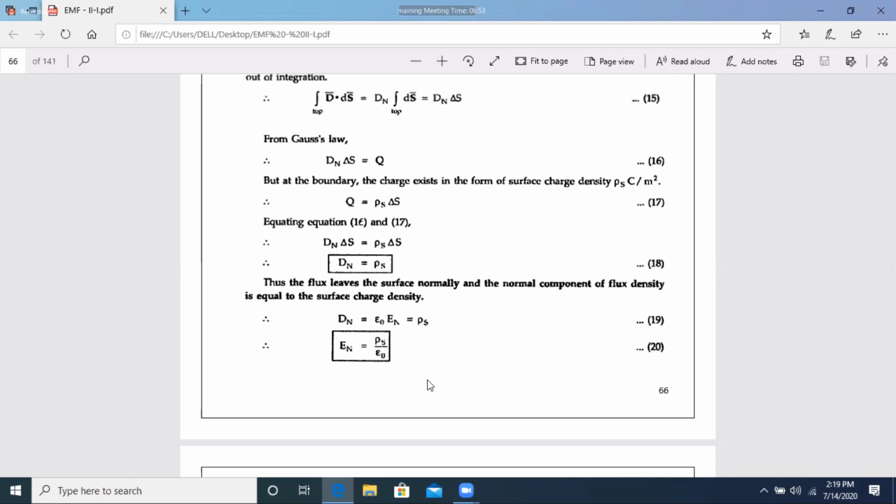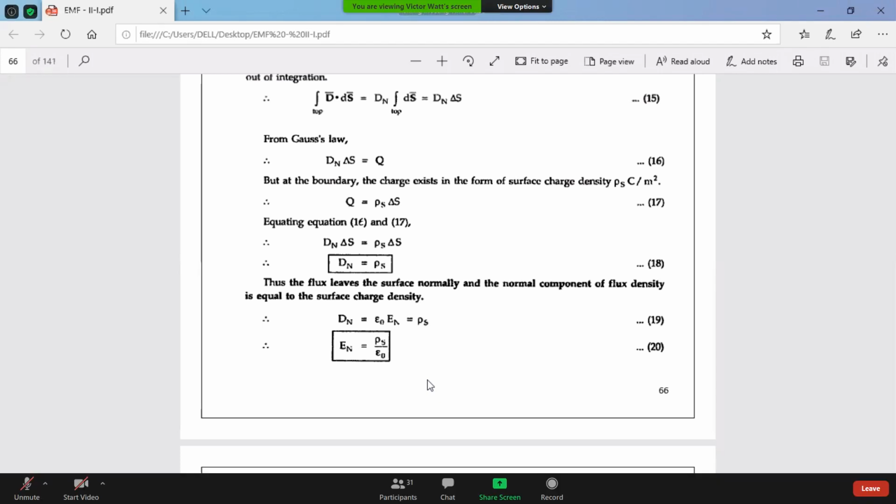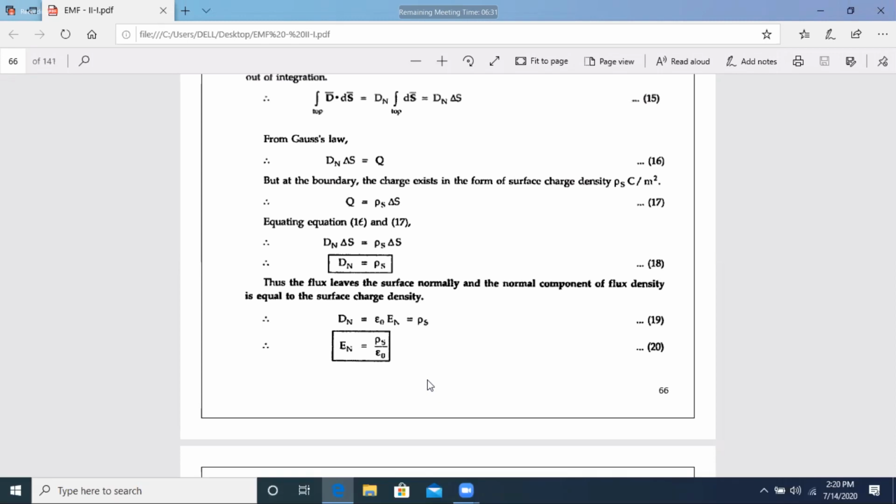But right now we are only dealing with the normal component, because we know the normal component of D1. We know that the normal component in medium 1 of D is equal to the normal component of D in medium 2. D normal 1 equal D normal 2.